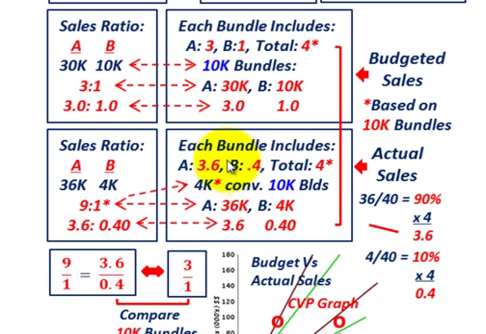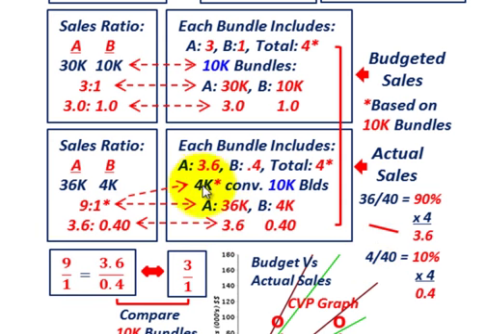So we're converting this 9-to-1 ratio to something that's comparable to our 3-to-1. A is going to represent 3.6, so for product A, we're going to have to sell 3.6 of A for every 0.4 of B. This is going to come in handy, converting our 9-to-1 sales ratio over, and that represents 3.6 to 4.0 based on the arithmetic we did.